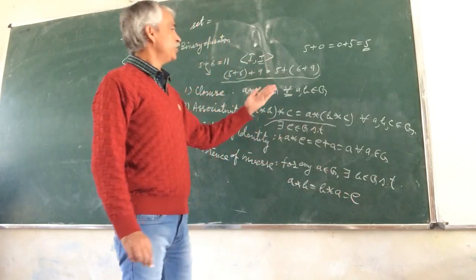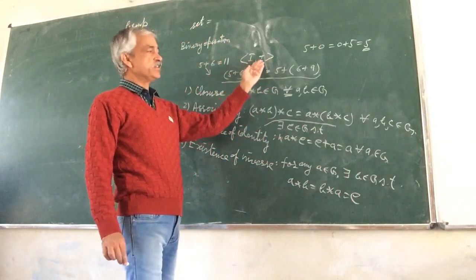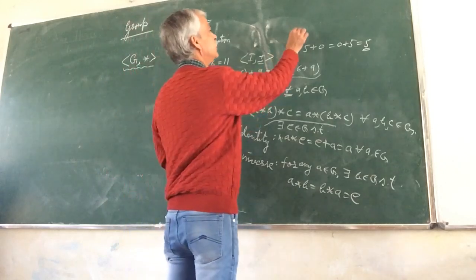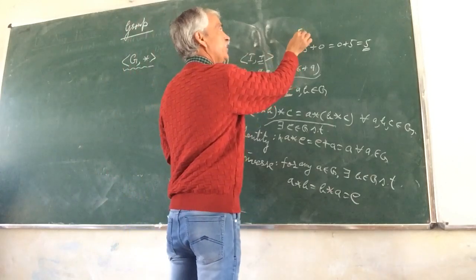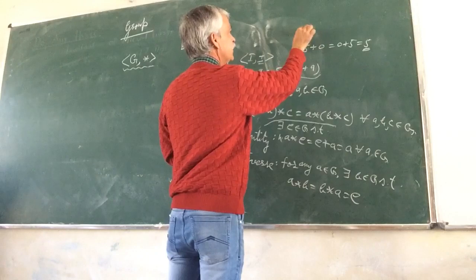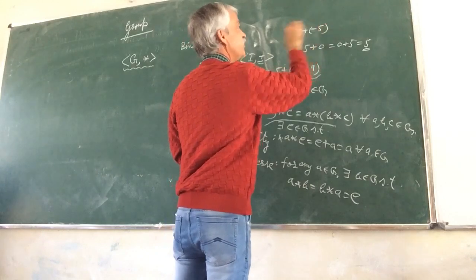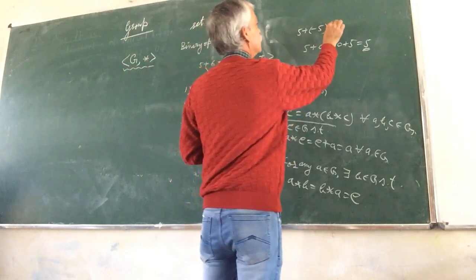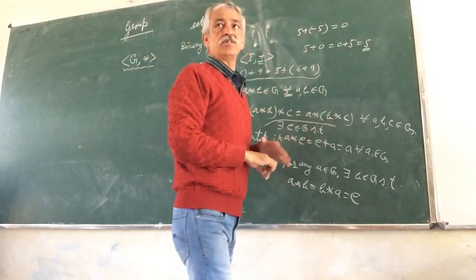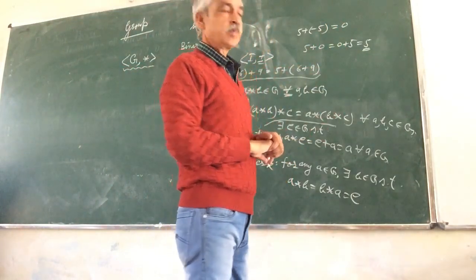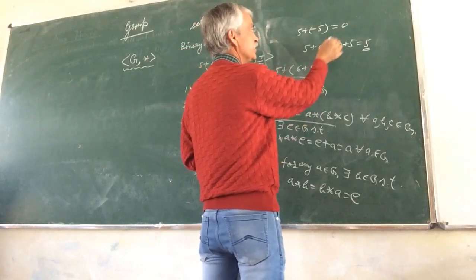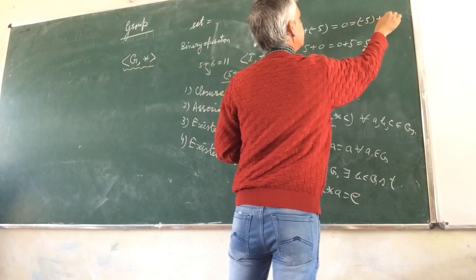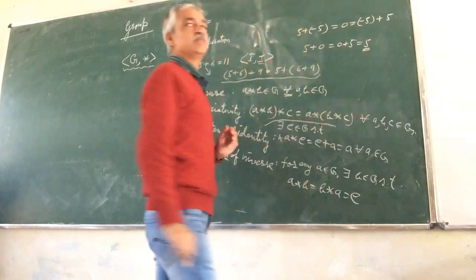Again, going back to our example of the set of integers with usual addition, this property says if we take any integer 5, then there exists another integer, namely minus 5, such that 5 plus minus 5 equals 0, the identity element in this case, and this is also equal to minus 5 plus 5.